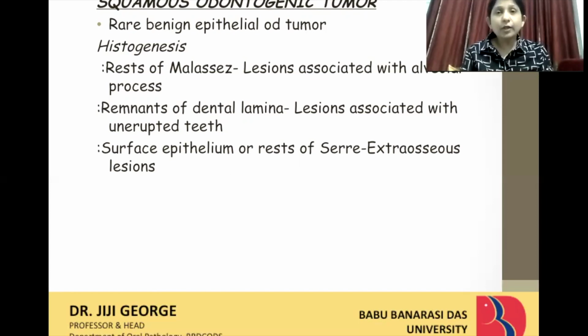The enamel organ consisted of inner enamel epithelial cells, which later developed into ameloblasts. Then you have stellate reticulum, stratum intermedium, outer enamel epithelial cells, etc. These are the basic four layers of the odontogenic epithelium. So the histogenesis actually means what is the cell of origin exactly.